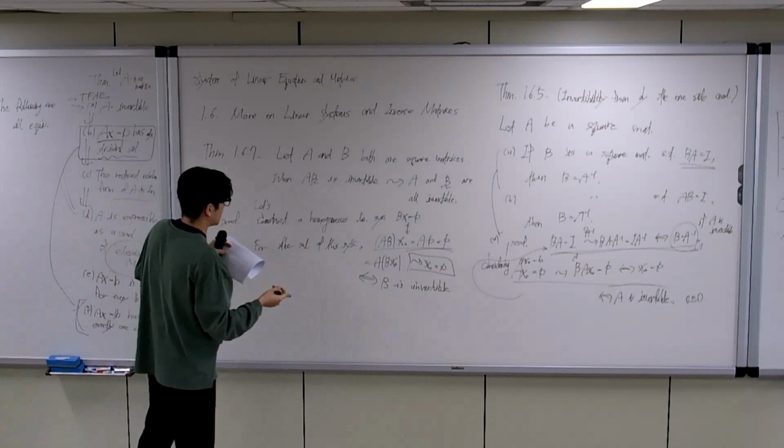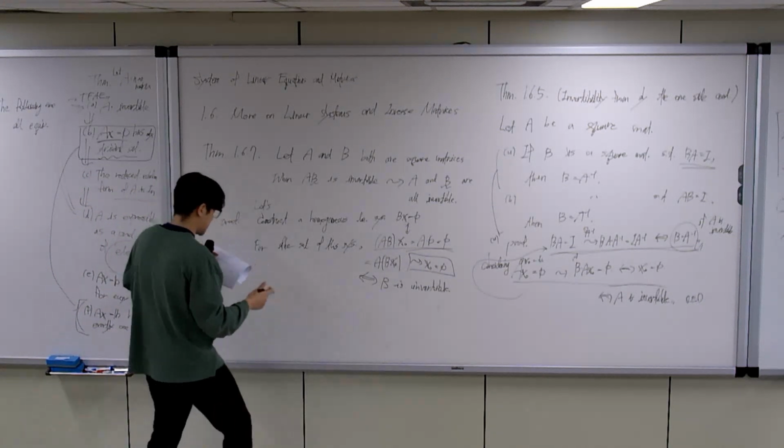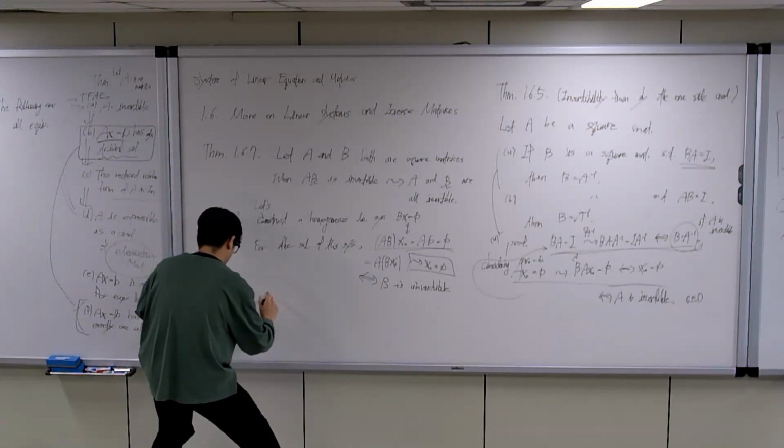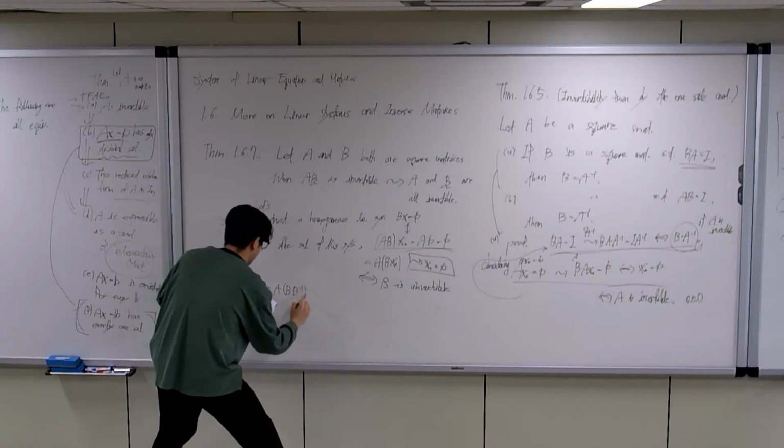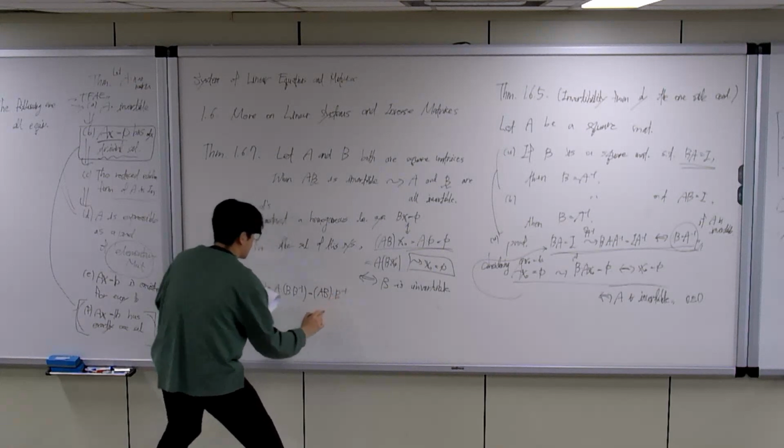So by writing A equals B times B inverse, it can be written as AB times B inverse.